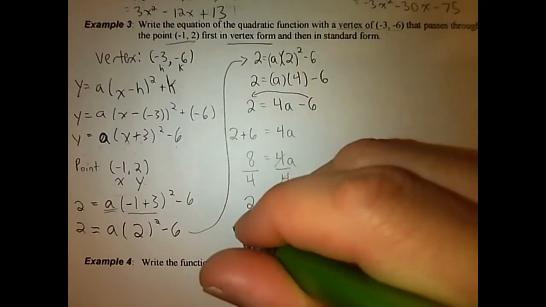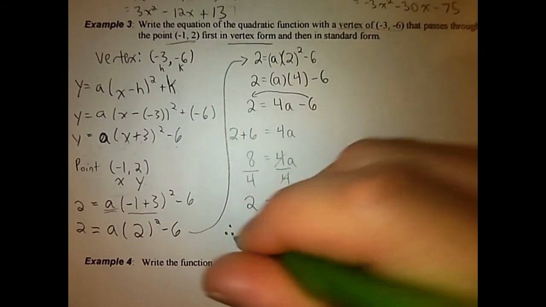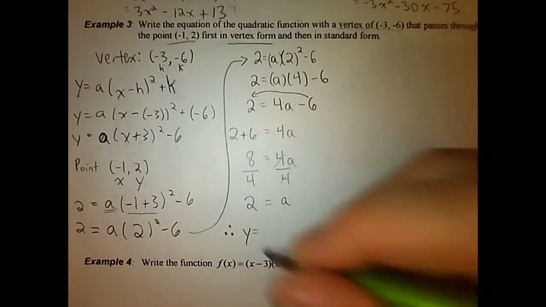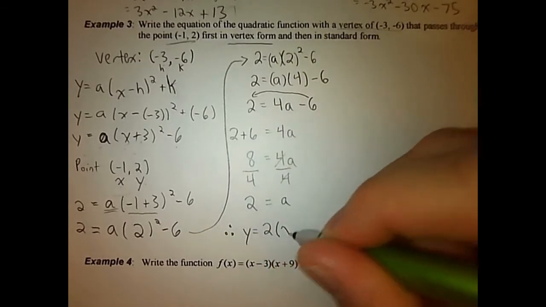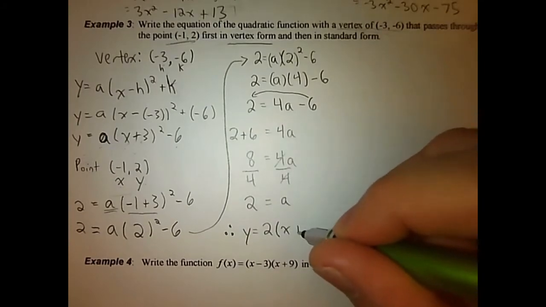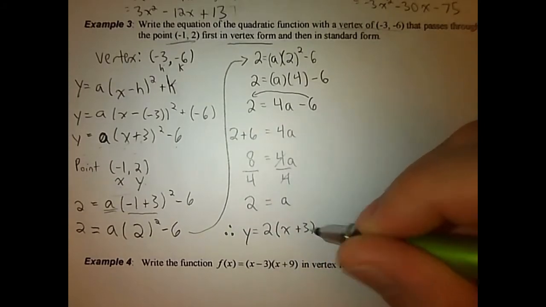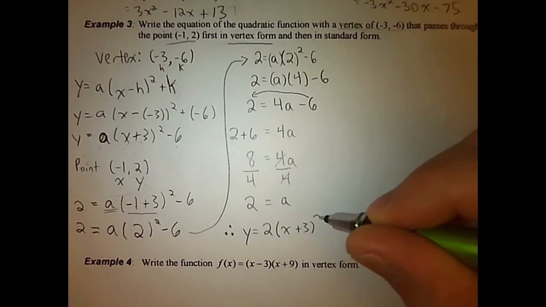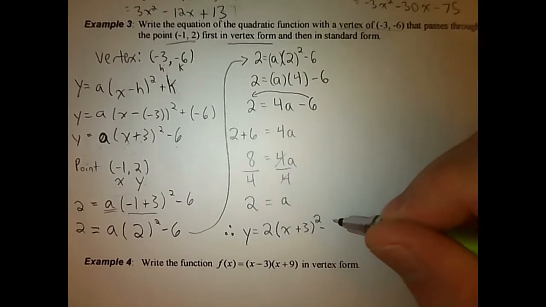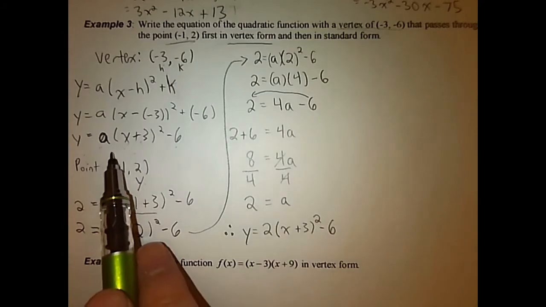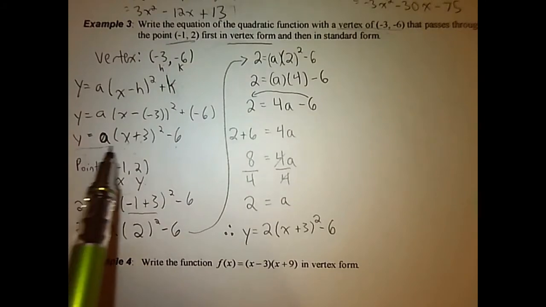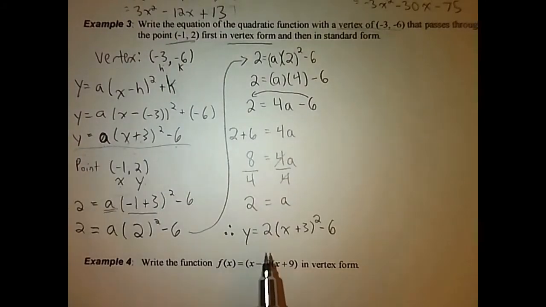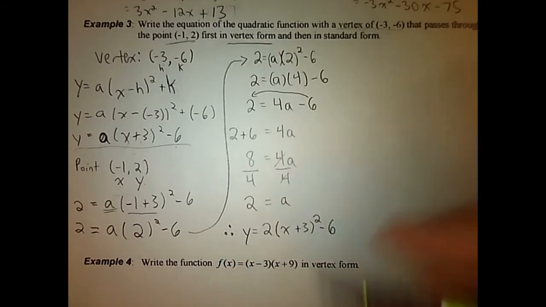Now my vertex form equation is y equals 2, x, we said the vertex is -3, so it's plus 3 in here, squared, minus 6. That's just what we had over here, except now we know what a is. So now this is our equation in vertex form.